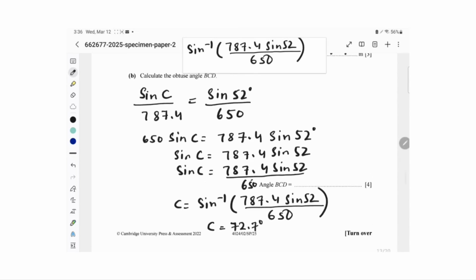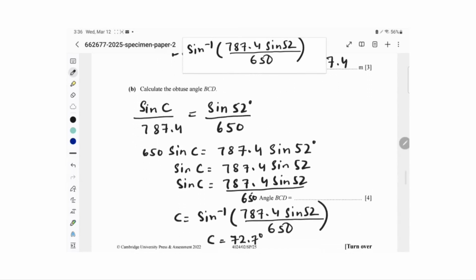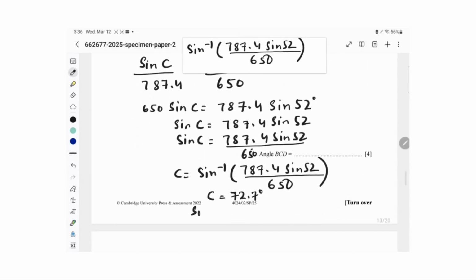They're asking you to find the obtuse angle. As we know, sine theta is equal to sine of 180 minus theta, and for acute and obtuse angles the sine value is positive.